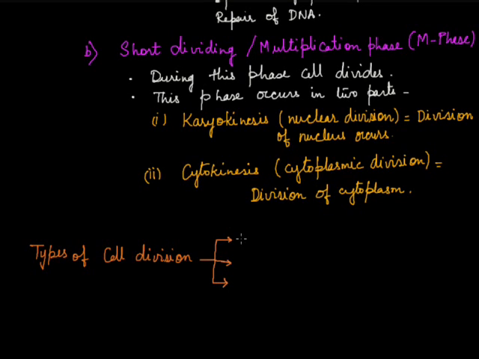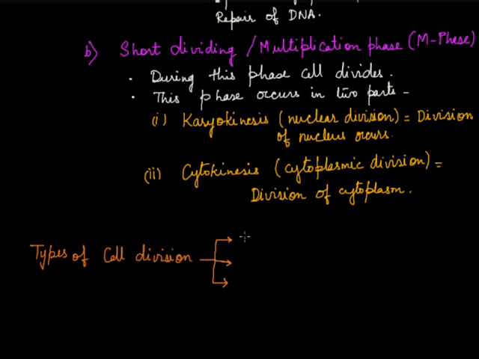These three types of cell division are on the basis of the type of multiplication phase. The interphase is the same among the three types, that is, it comprises G1, S and G2 phase.